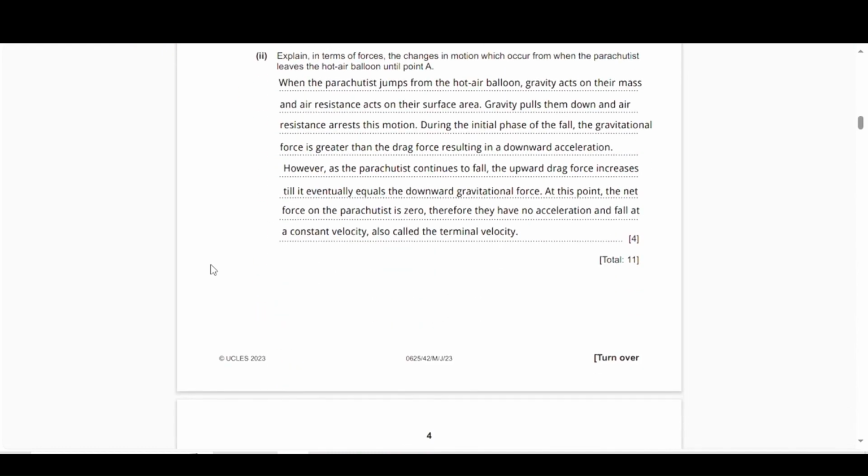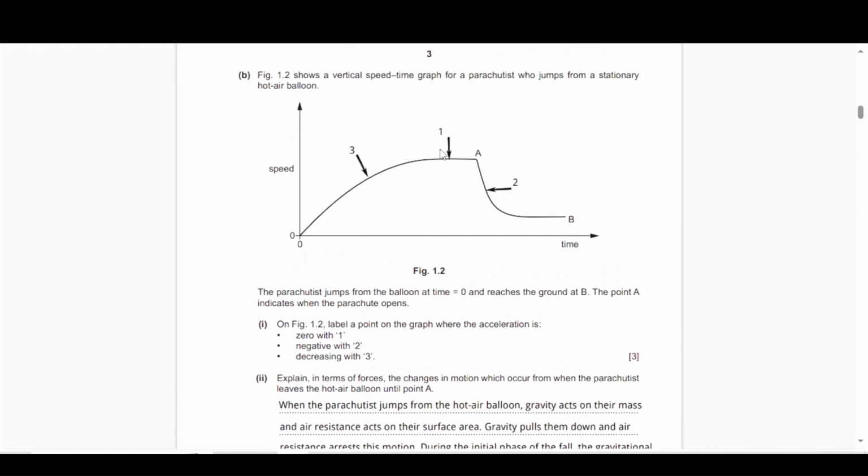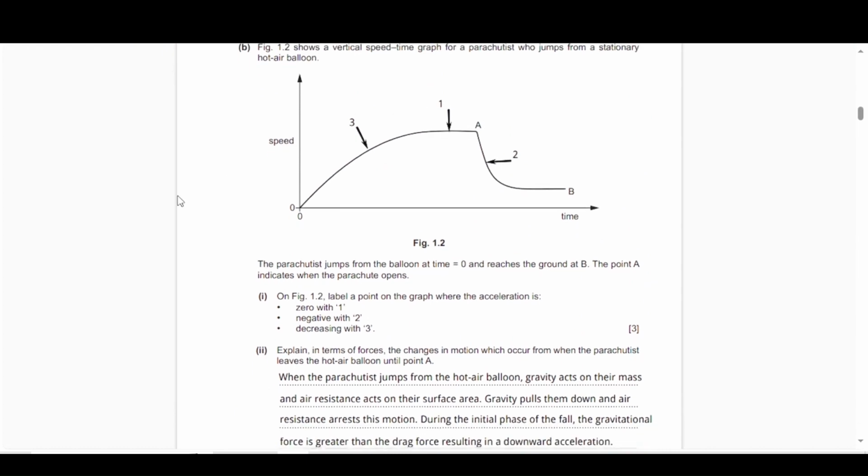At this point the net force on the parachutist is 0 when they reach terminal velocity, because when an object is traveling at a constant velocity, there is no net force acting on it. Therefore, they have no acceleration and fall at a constant velocity, also called the terminal velocity. So that is what happens up to point A and is marked by 1.